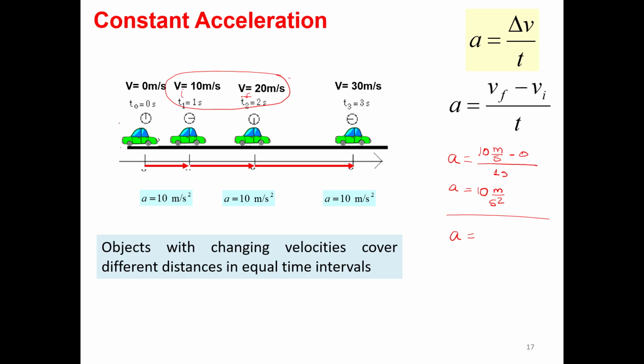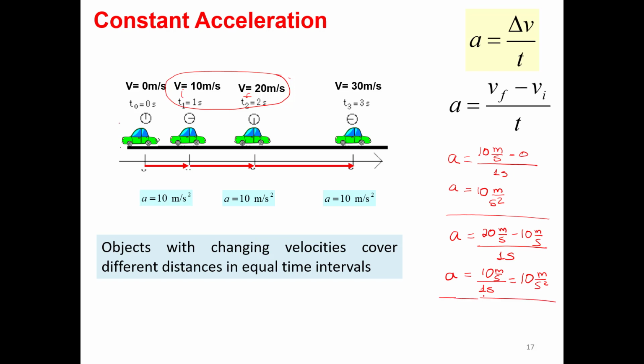Then it will be 20 meters per second minus 10 meters per second divided by 1 second. Yes, 2 minus 1 will be 1 second. Then 10 meters per second divided by 1 second will be 10 meters per second squared.